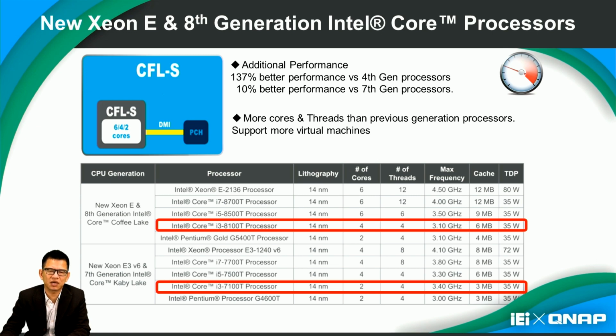So this is a big advantage between Gen 7 and Gen 8. In our PulZe IN001 and IN002, we use this Core i3 A100T CPU in these two models.